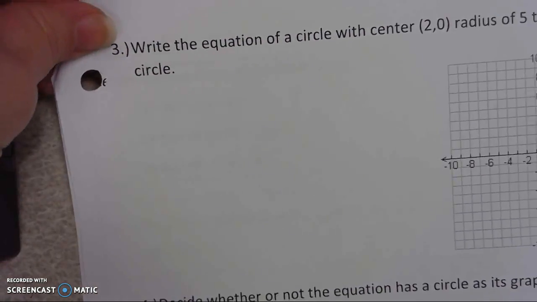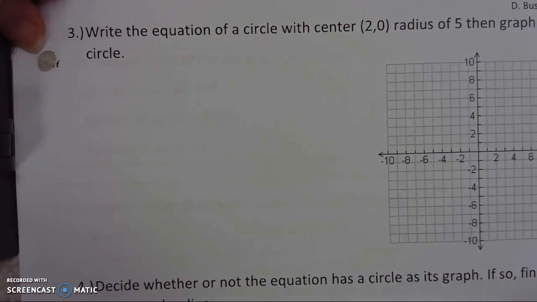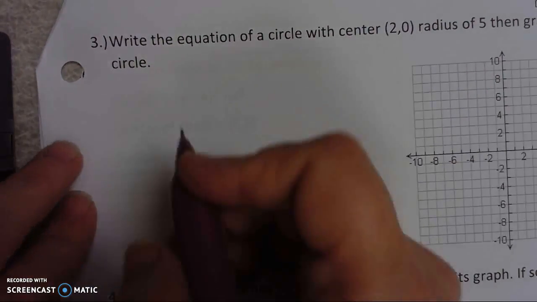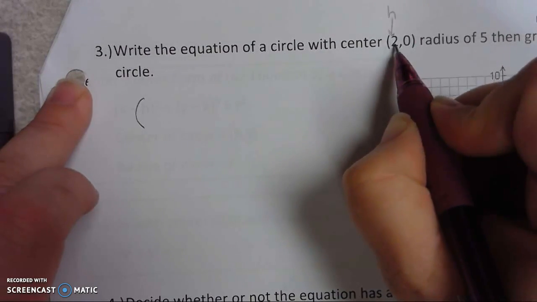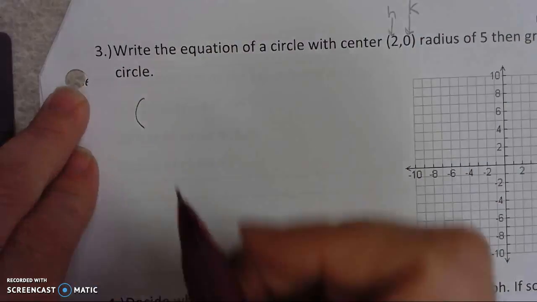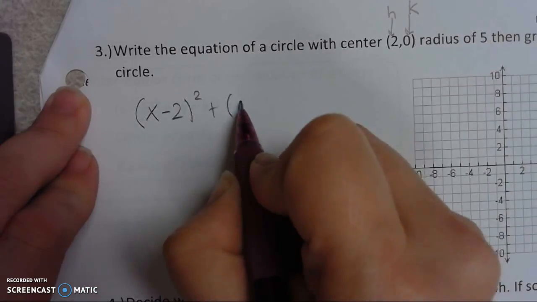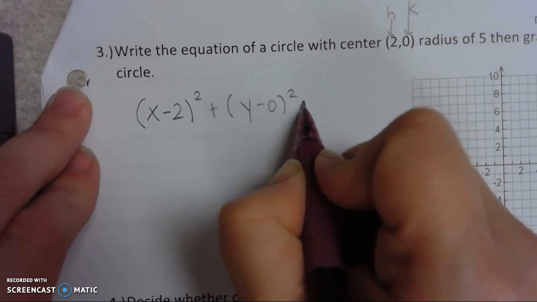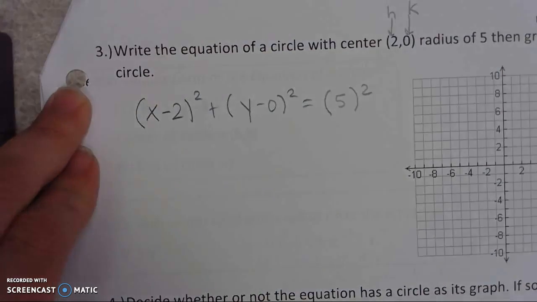It says write the equation of a circle with the center at 2, 0, and a radius of 5. Then we want to graph it. So if I remember, the first number, the x value, is the h, the second value is the k. So we'll say x minus 2 squared plus y minus 0 squared equals 5 squared.